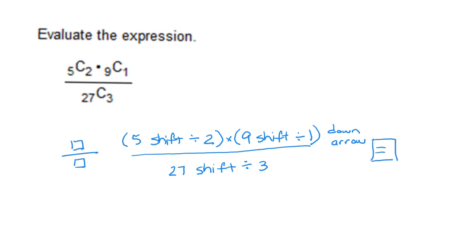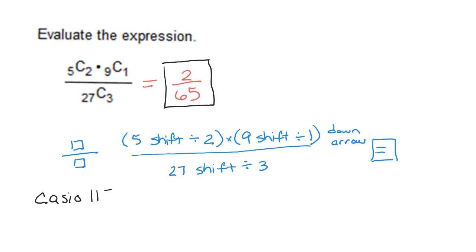When you do that, you will notice that you're getting a simplified answer as a fraction, 2 divided by 65. And unless the instructions ask you for a decimal notation, you leave it as a simplified fraction or an integer. If it is a decimal notation, it will tell you where to round to. Again, this is for the Casio 115 ES Plus calculator.